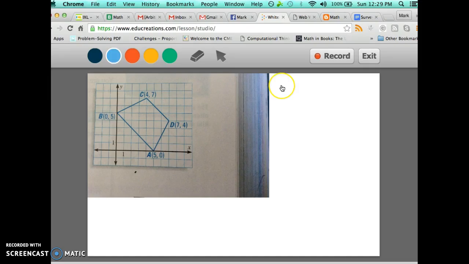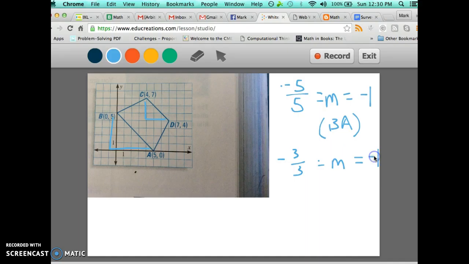Okay, slope of BA goes down 5 over 5, so the slope is -1, and that's for BA. What about CD? Well, CD goes down 3 over 3, so the same slope. So we just proved they're parallel lines.